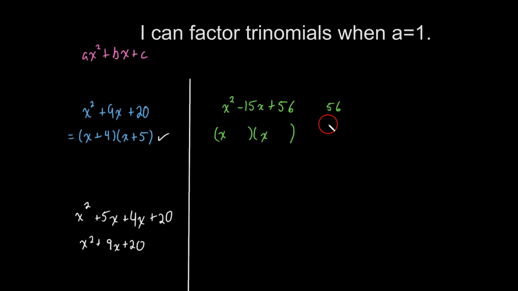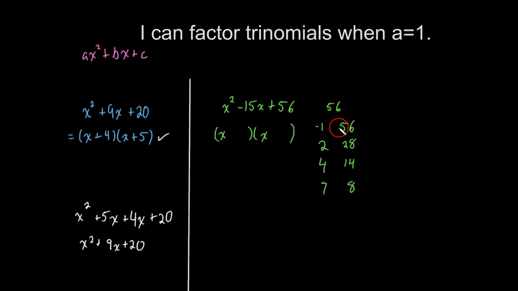So we've got 1 and 56, obviously, 2 and 28, 4 and 14, and 7 and 8. We know these are all factors of 56, but none of these, when you add them together, are going to add up to negative 15. But we also know that 2 negatives multiplied by each other give us a positive.